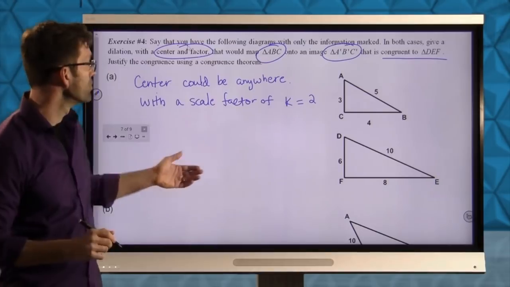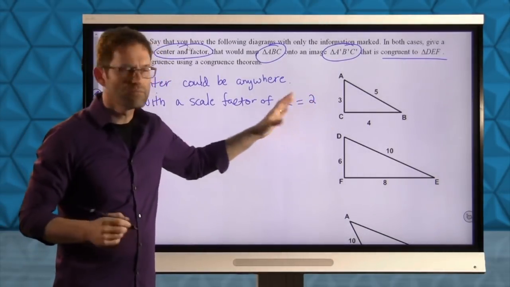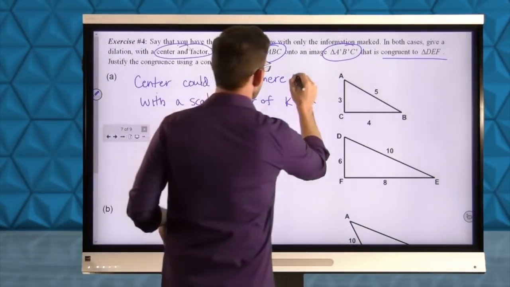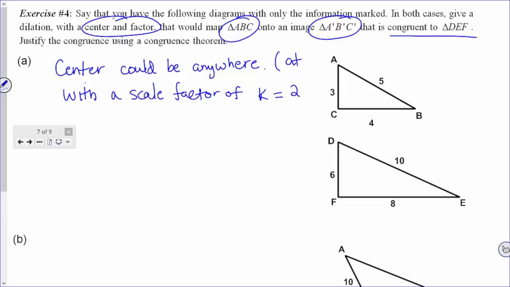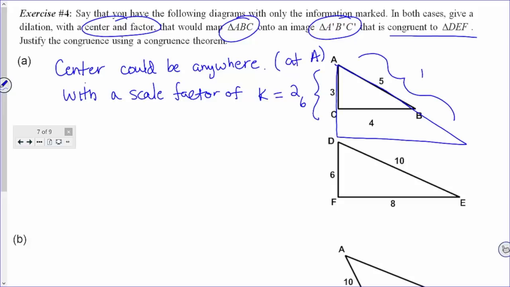K equals 2. And let's say it could be anywhere, but we put it at A. What's going to happen, obviously, is it's going to stretch out. So it's now going to look like this. This would then be 6. This would be 10. And this would be 8.